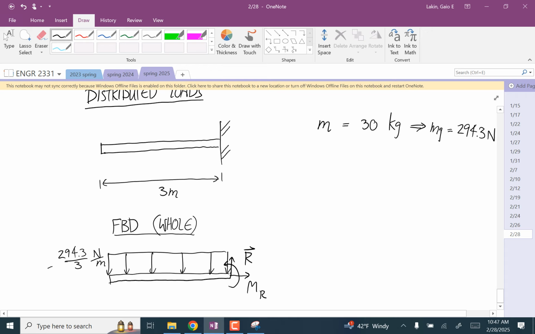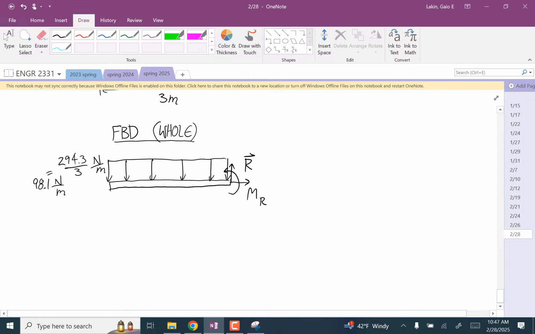And this comes out to be 98.1 newtons per meter. Okay, so we only need one cut for this one. So this is for x values all the way from 0 to 3.